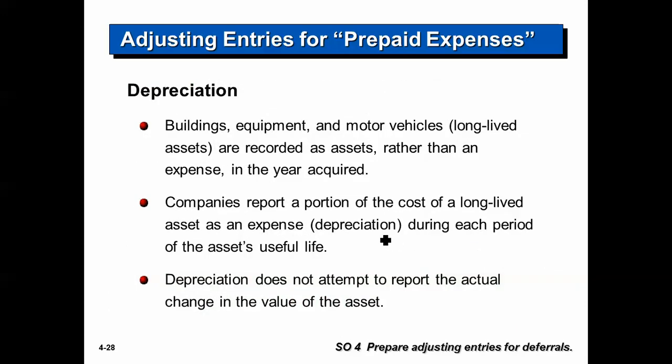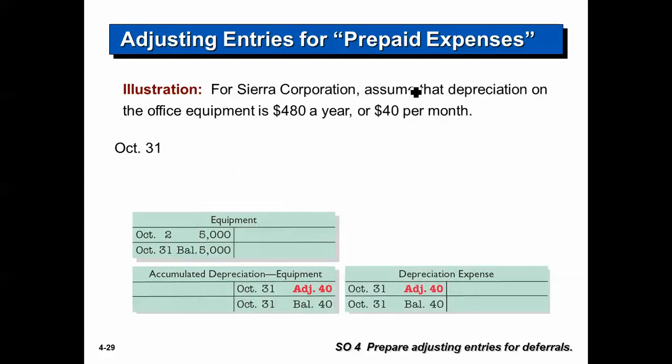Another type of prepaid expenses, in a sense, are depreciation. Now, we depreciate fixed assets like buildings, equipment, vehicles, and so on. And we say when we use up that, we call it depreciation. Now, assume that depreciation on office equipment is $480 per year. We have office equipment $5,000.